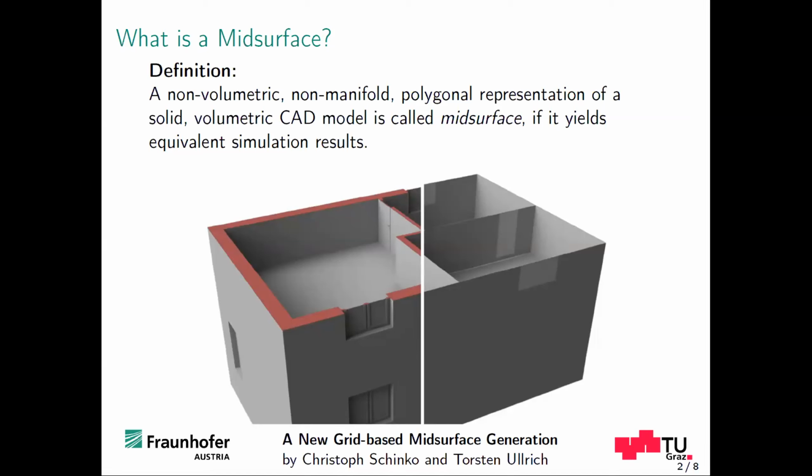Here in this example, you see data from building information modeling on the left side, the geometry of a building basically. And on the right side, a simplified mid-surface representation, which is in this case used for energy analysis. This example illustrates the thin-walled output geometry on the right, which has the benefit of greatly reducing the computational effort for further analysis and simulations.